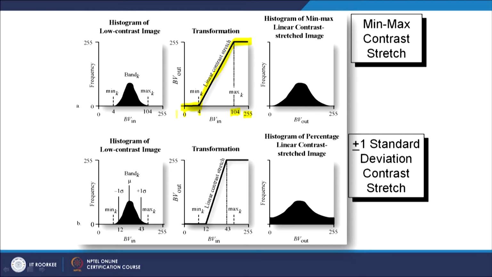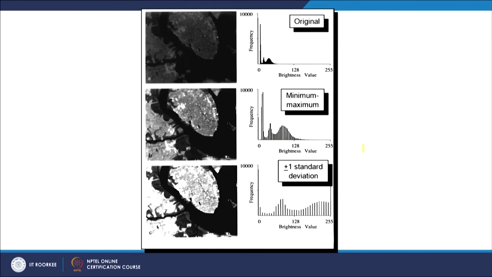But when I go for the percentage linear contrast stretch, then I am choosing a certain percentage and getting things redistributed. As you can compare with the minimum maximum, this is a slightly different histogram, and a one standard deviation contrast stretch has been created.